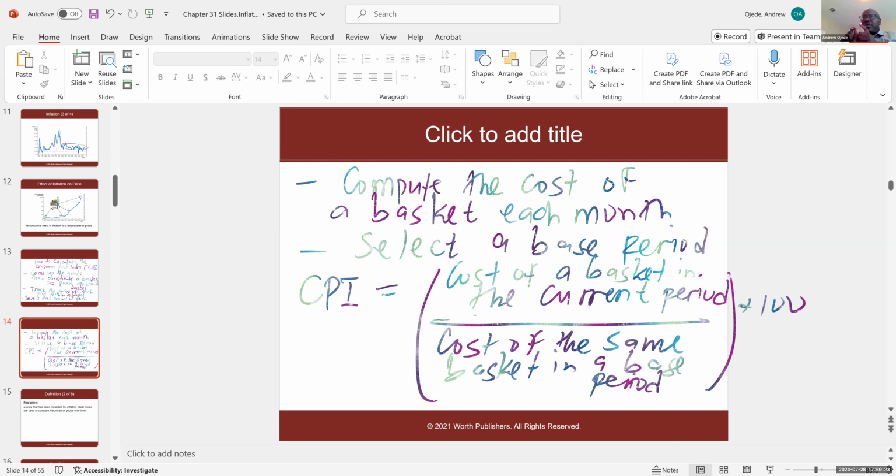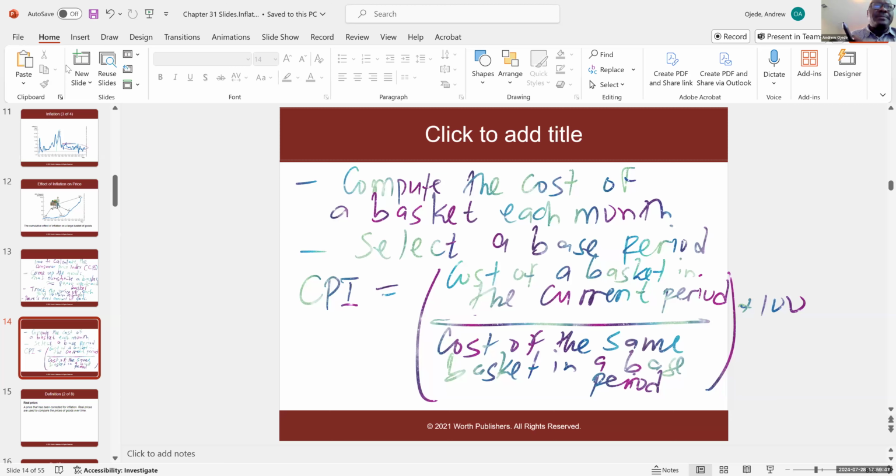I want to do an example. Of course, we cannot do an example with 80,000 different types of goods. That's not feasible. In reality, they're tracking the price of goods and services on 80,000 different types of items. For our example, let's just assume that there are only 2 goods in a basket, just so you get the idea how we calculate the CPI.